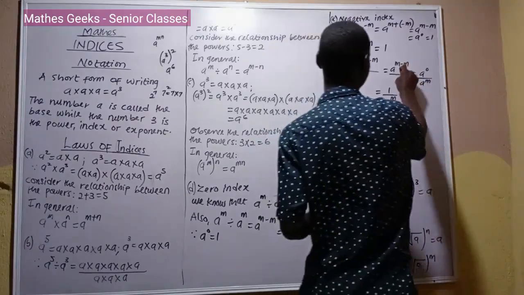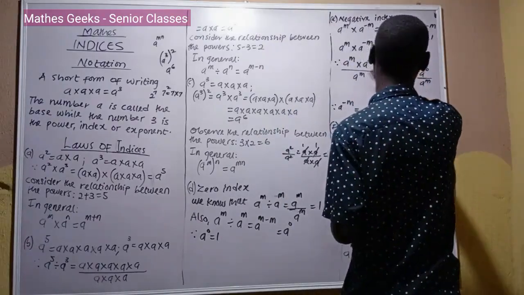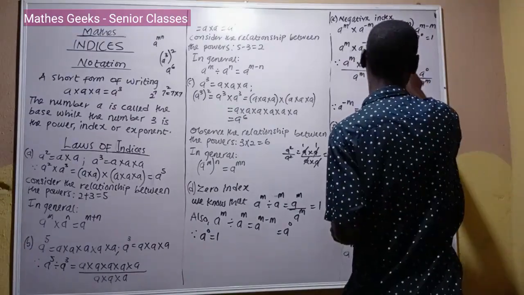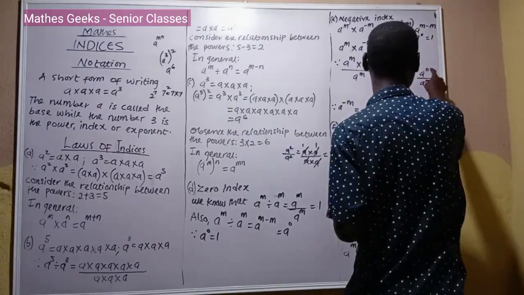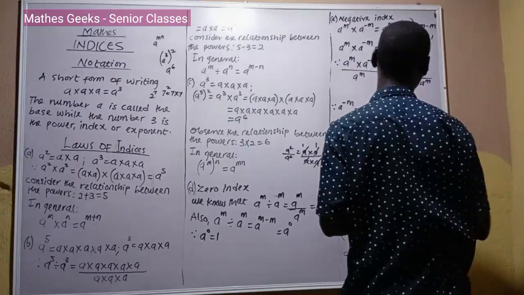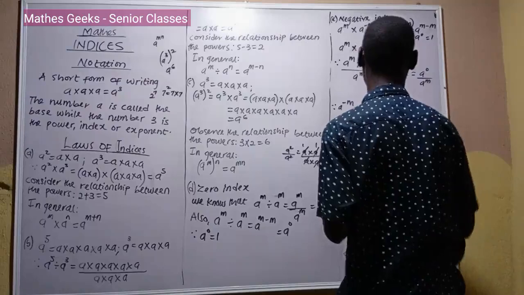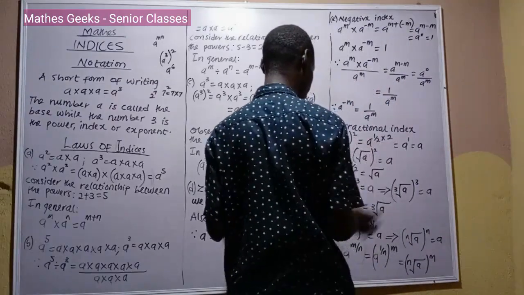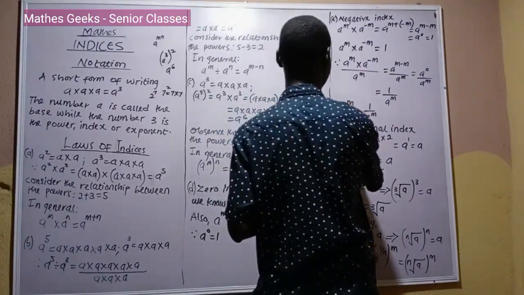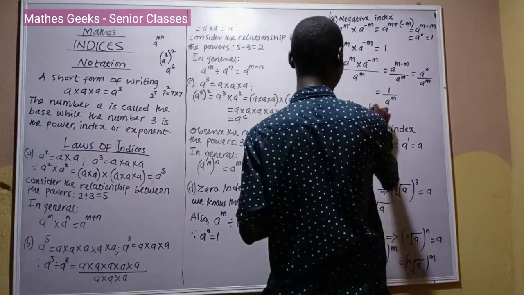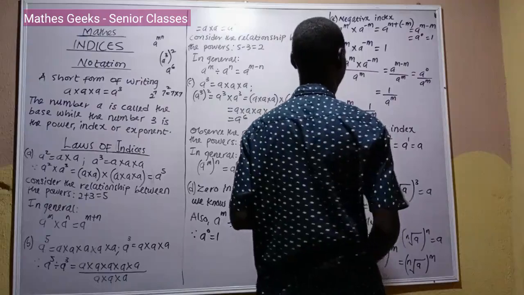So m minus m is 0. Because there's multiplication, it's supposed to add; when you add, plus times minus gives us minus. So you have m minus m, which gives us a raised to 0, and of course a raised to 0 is equal to 1. Which gives us 1 over a raised to m, which is what you have here. In general, whenever you have negative index, a raised to minus m is equal to 1 over a raised to m.